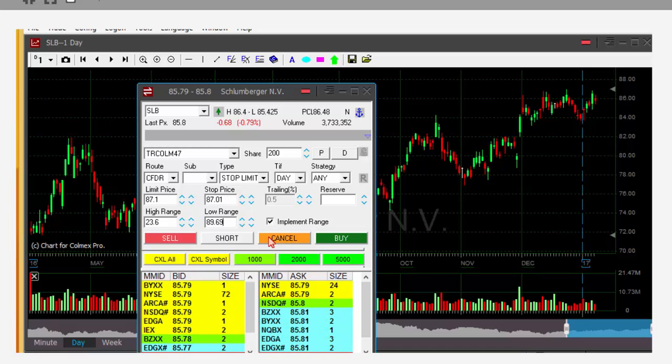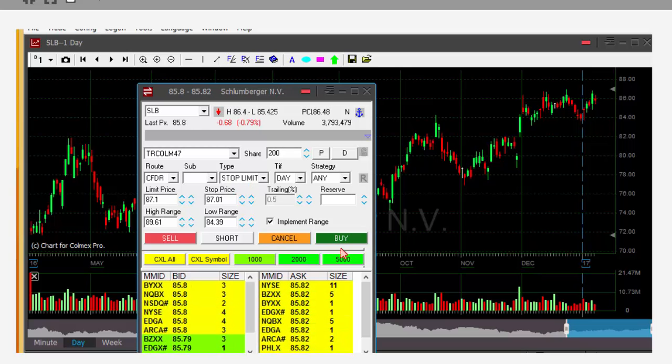Sorry, mistake. 87 minus 3% is 84.39. It's going to be my low range. My high range, maybe we will discuss that, is also 3%. That's 89.61.